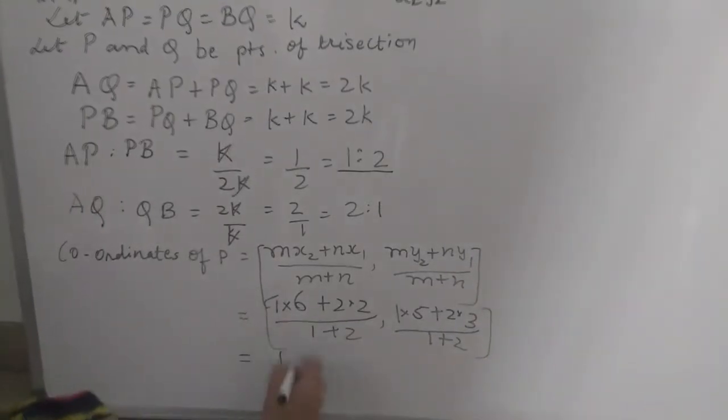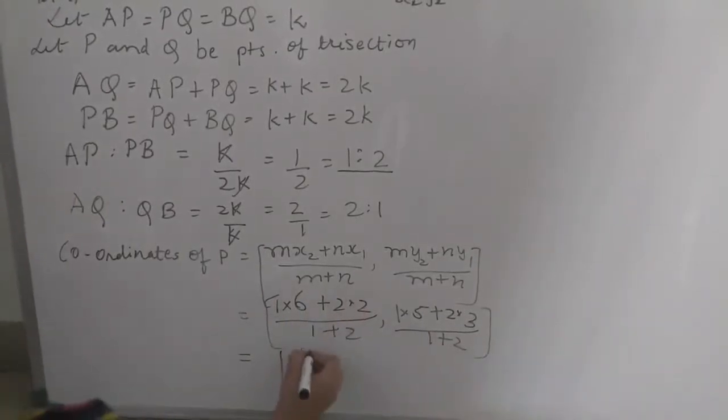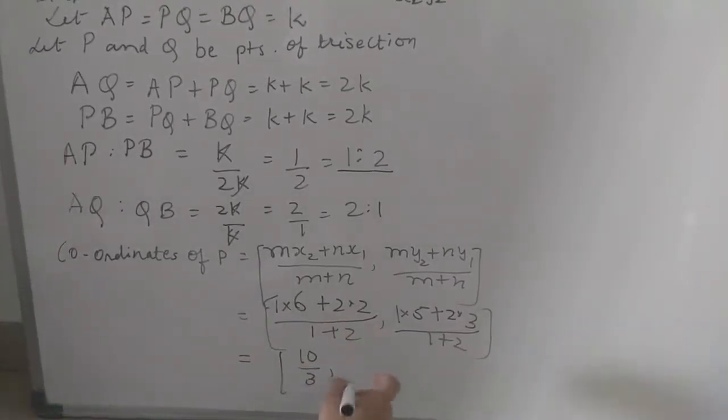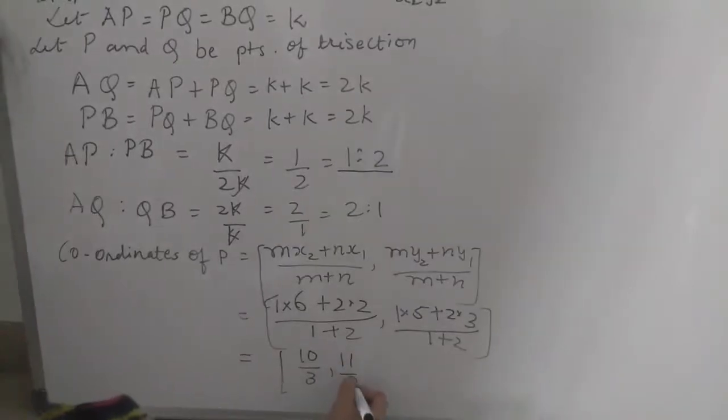Now I'll solve this. 6 ones are 6 plus 2 twos are 4, 4 plus 6, 10, by 2 plus 1, 3. And that is 5 ones are 5 plus 3 twos are 6, plus 5, 11, by 3.